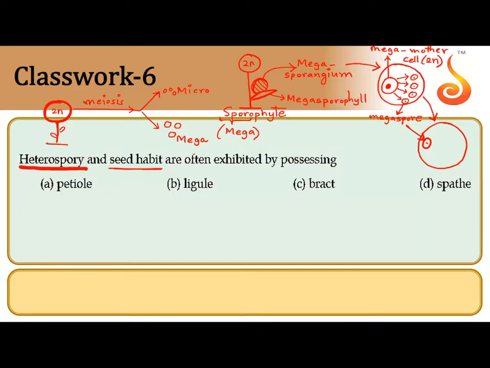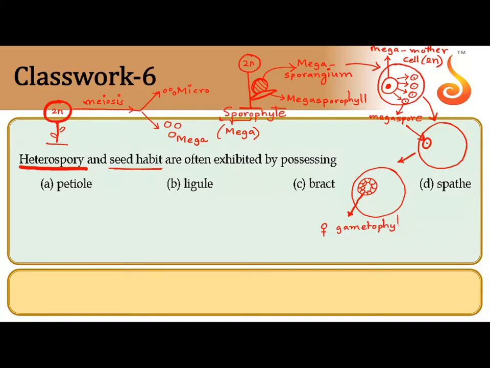Usually the megaspore has to come out, but the megaspore is sitting inside the megasporangium, and while it is sitting inside the megasporangium, the megaspore will start developing into a cellular structure which will be referred to as a female gametophyte. So the megaspore becomes a female gametophyte.